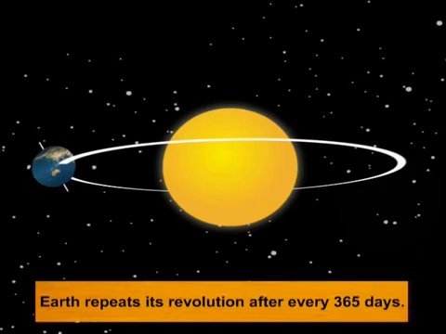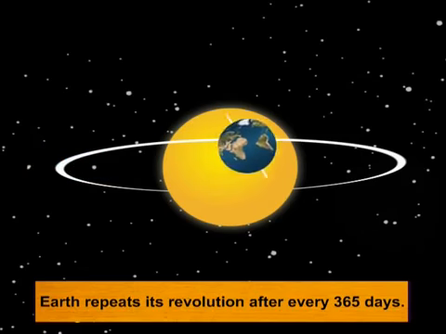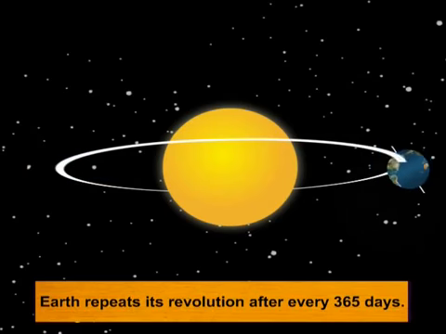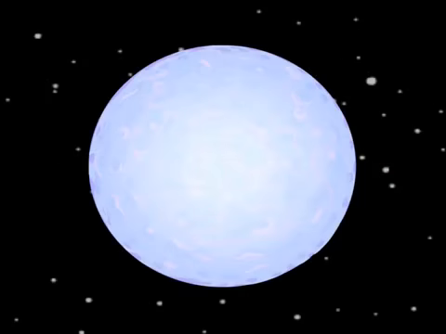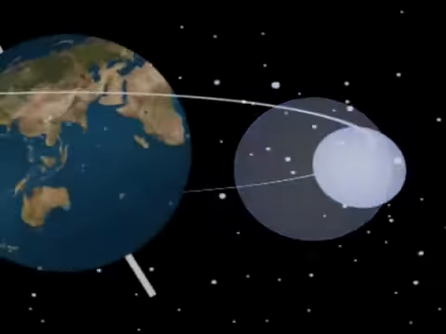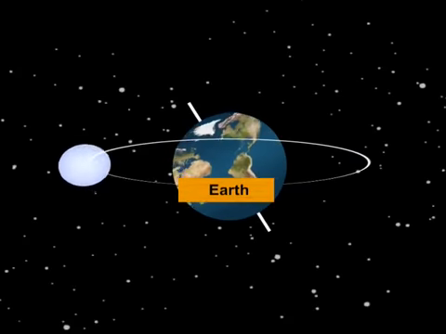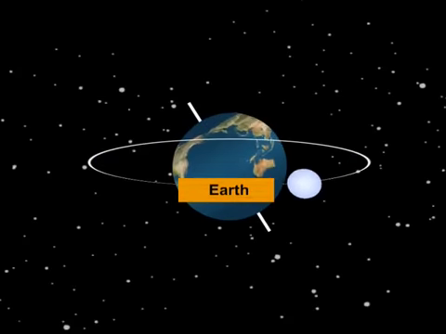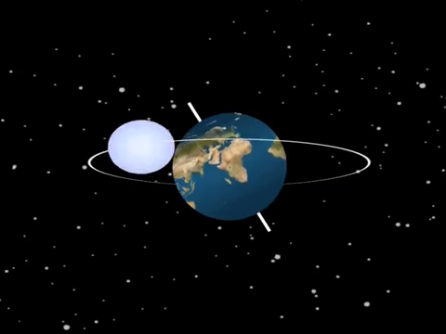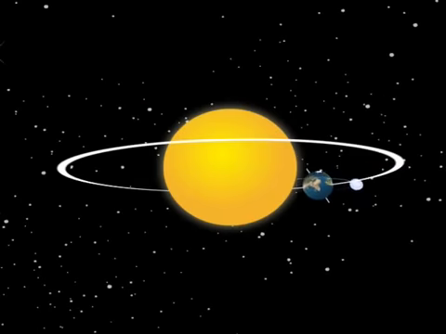Earth repeats its revolution after every 365 days. What about the motion of the Moon? Moon, like Earth, also does dual motion. It rotates around the Earth, and while the Earth revolves around the Sun, follows it.